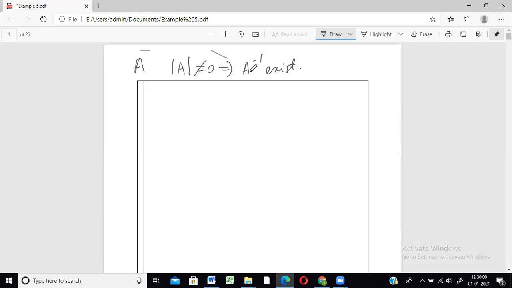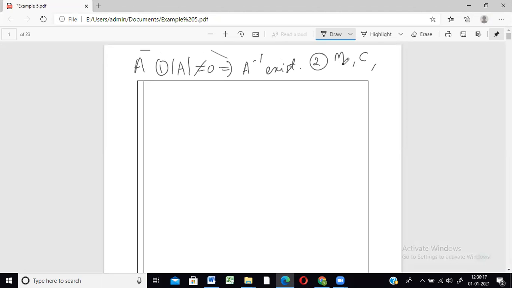Okay, so we had taken one example also, but it was of order 2 last time. So this time we'll do it for order 3. Remember the procedure. This is the first step. The second step was to find the minors, then the cofactors, and then the adjoint matrix.